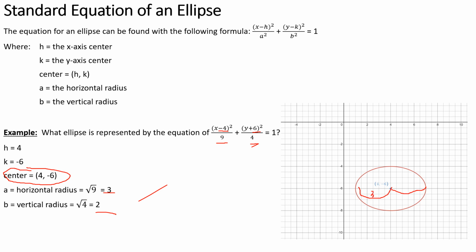And then on the vertical axis, from negative 6 to negative 4 is 2, or from negative 6 to negative 8 is a distance of 2. So we have defined this ellipse by just looking at the graph, and can look at the equation to determine what our a is, what our b is, our radius for the major and minor axes, as well as where it's located.